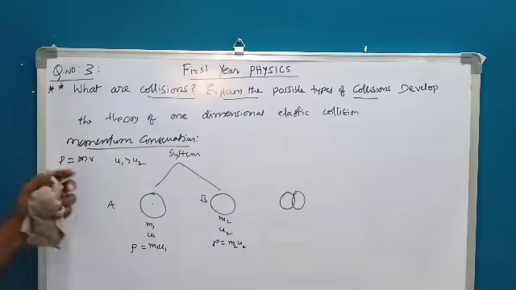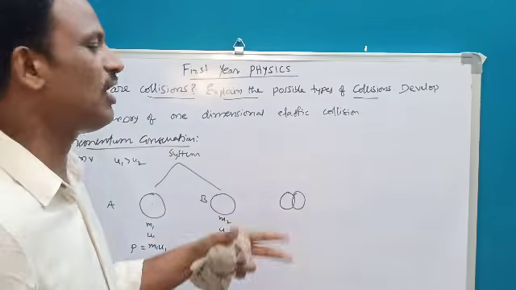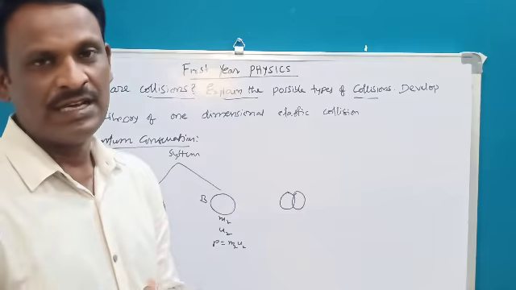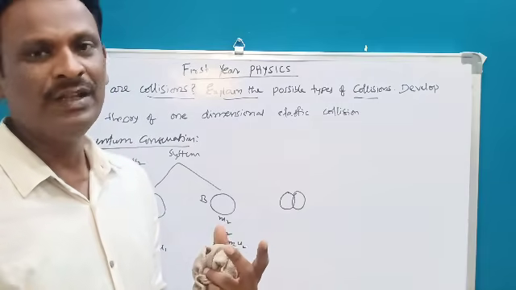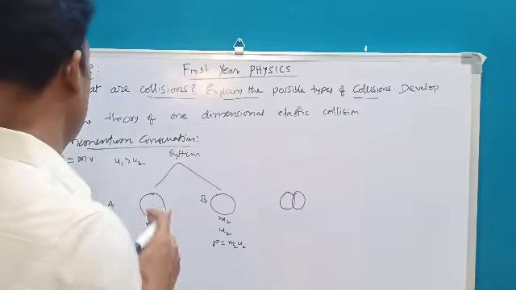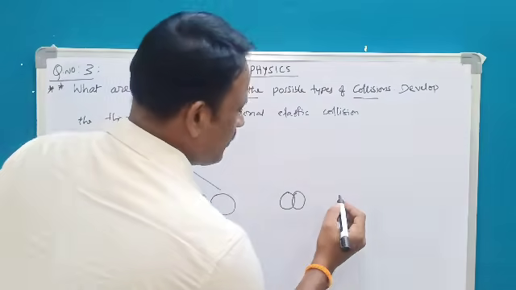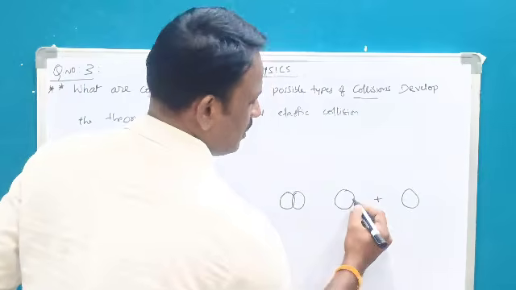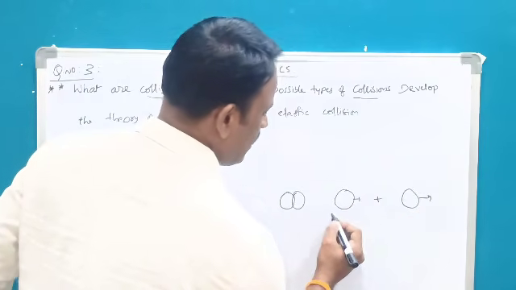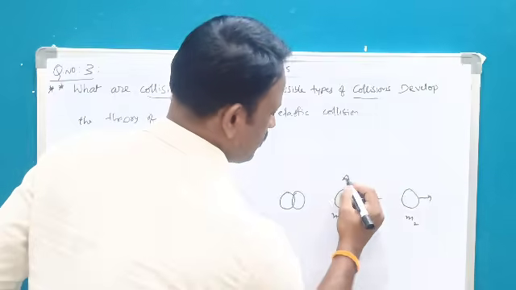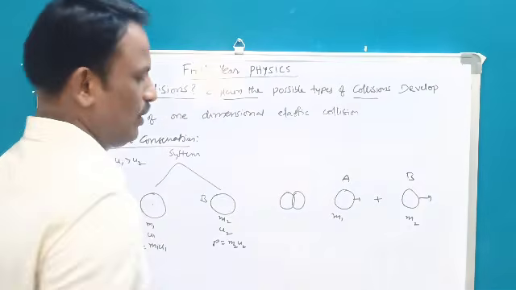That means they are participating in the collision. We know that what happens when the 2 bodies are participating in a collision. There is an exchange of momentum and as well as there is an exchange of kinetic energy. Let us see first momentum. So the momentum is going to be exchanged. After collision, what happens? The bodies will move separately. Here mass is going to be the same because mass is not going to change.